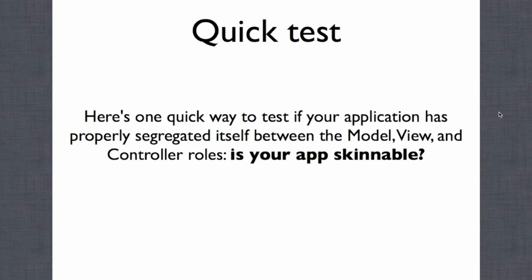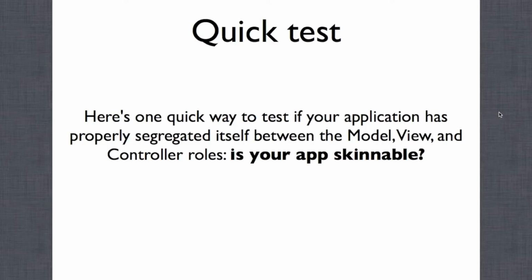You would do that probably if you were writing a big application. At some point, you would come up with something like this. Here's a quick test. If your application is skinnable, if you can easily change how your application looks, it's probably following MVC in some way.